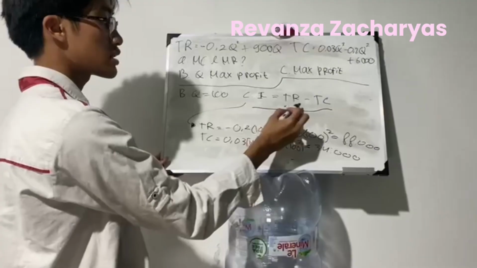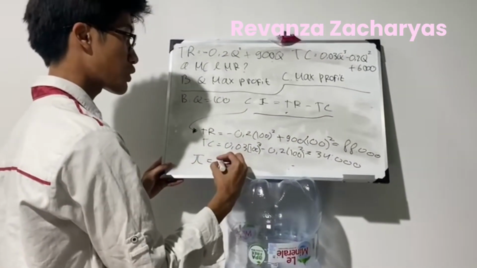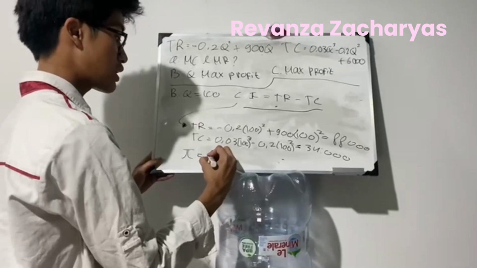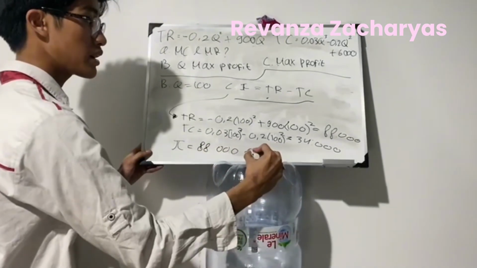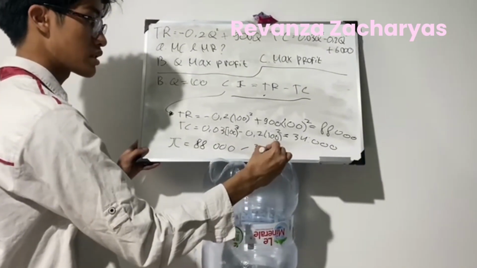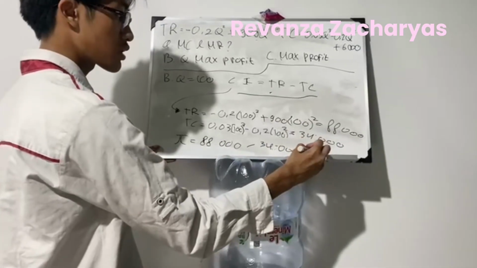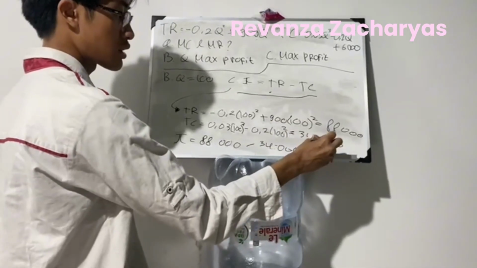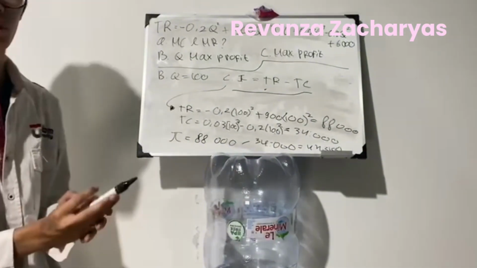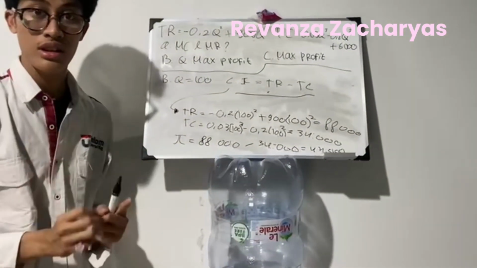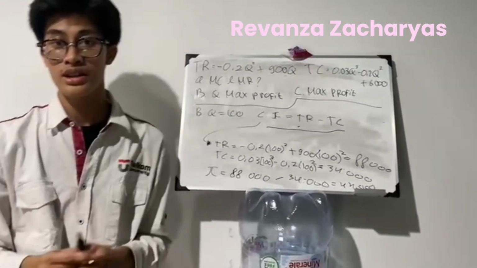Because the formula is here, the maximum profit is 88,000 minus 34,000, and the answer is 44,000. So it's the maximum profit at a quantity of 100. Okay, thank you. That's all from me.